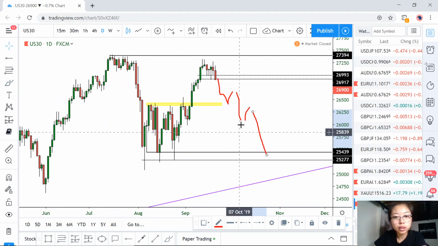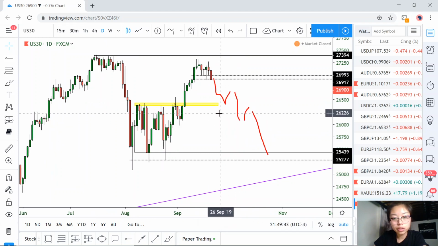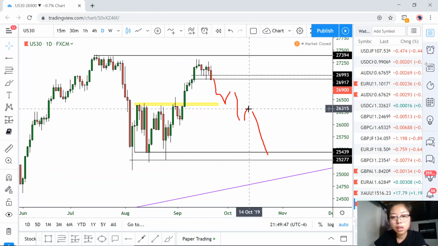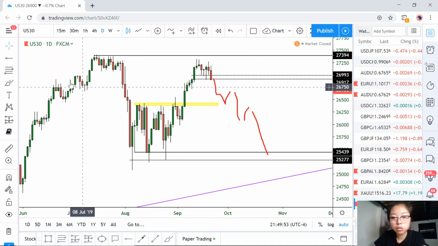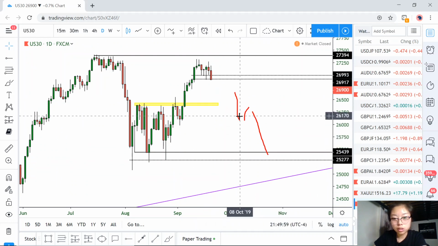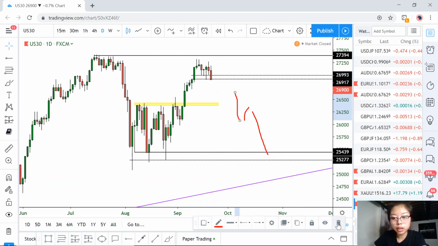I'm drawing this right here as a bounce, a break of the level, and a retest of the broken level, for the next zone. So that's the third or fourth scenario. We have so many scenarios. It's because I just want to look at more realistic scenarios according to market structure.